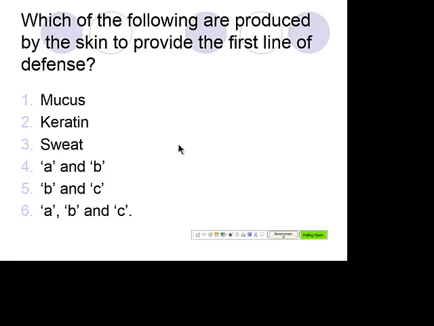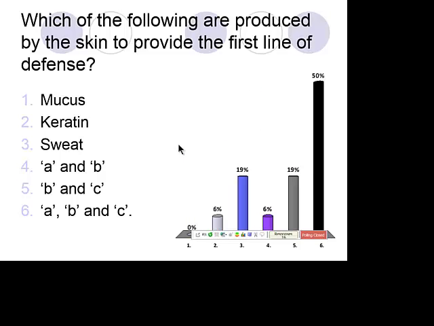Okay, let's take a look at this question. Which of the following are produced by the skin to provide the first line of defense? How many of you have had mucus on the surface of your skin?